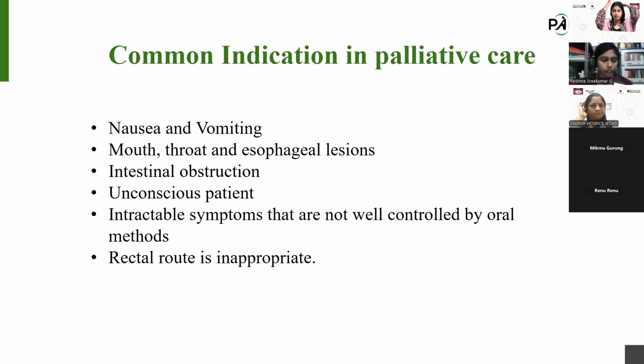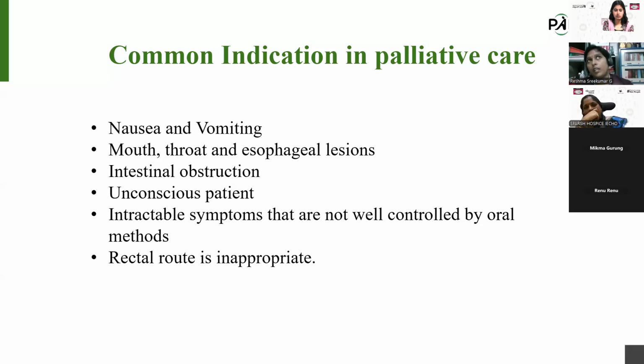vomiting. We know in palliative care more than 50% of patients are suffering from cancer, and they are on opioids for pain management. In between, they receive chemotherapy and radiation at regular intervals.